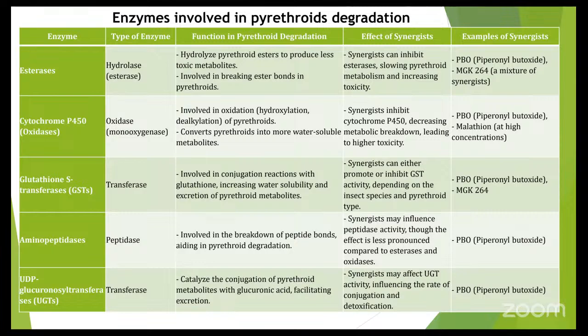And rat liver microsomal esterases hydrolyze bioresmethrin over 10 times faster than cismethrin, whereas no such isomeric specificity is exhibited by plasma esterases, indicating that there may be several different types of esterases that are responsible for the breakdown of pyrethroids.